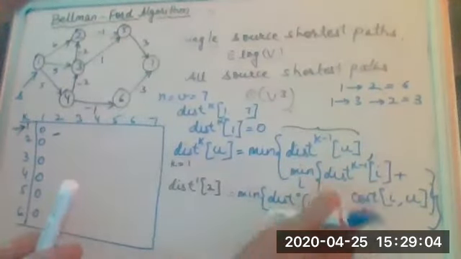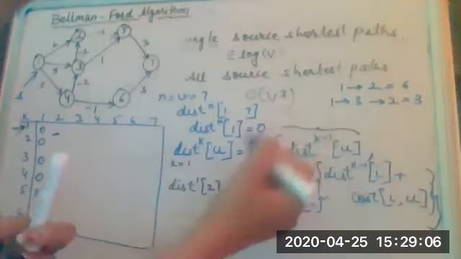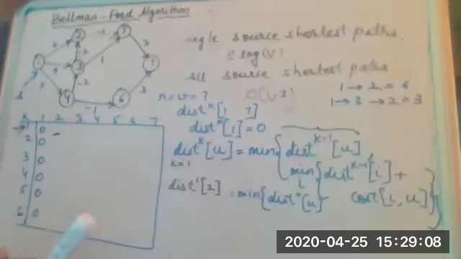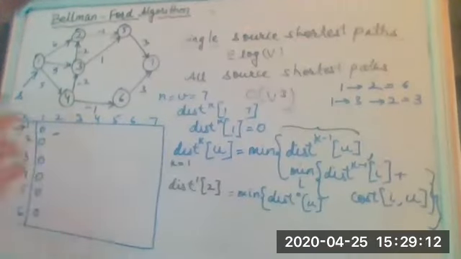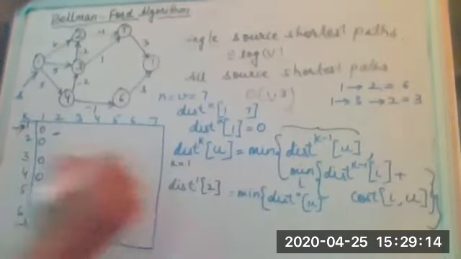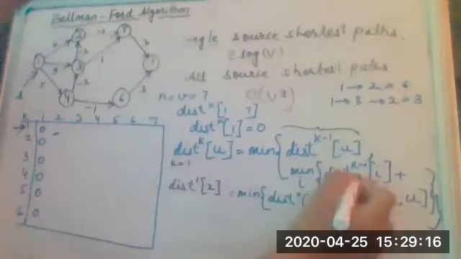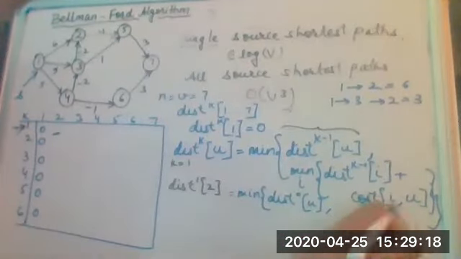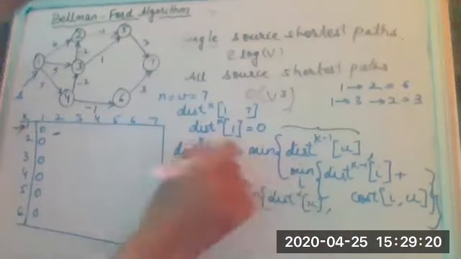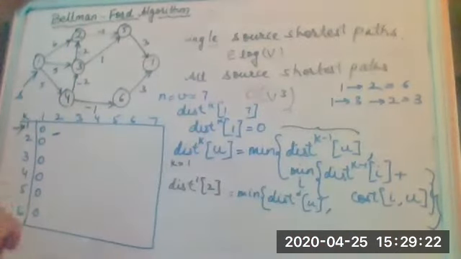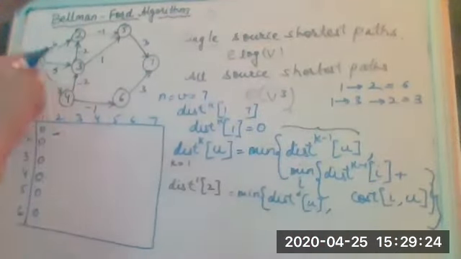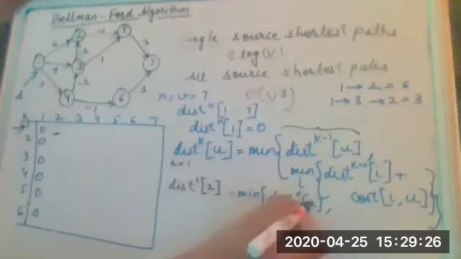So in this case, because it is only going to be the same values, the first case in this one will be the direct values. So this minimum will always be the 0 ones, and distance of 0 to u, that means I'm not considering any intermediate vertex, and the distance from the source to that vertex.